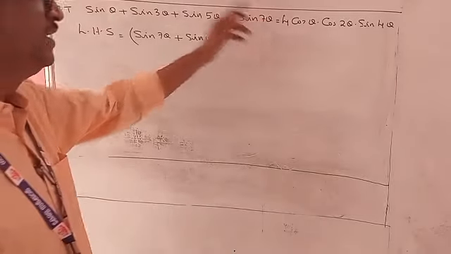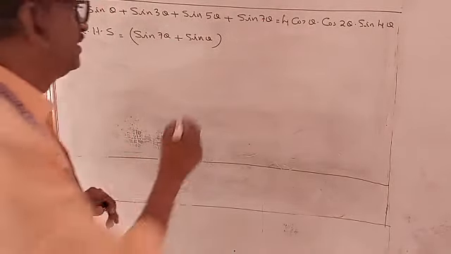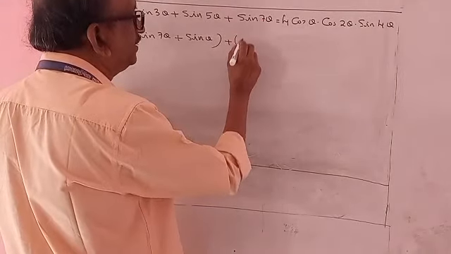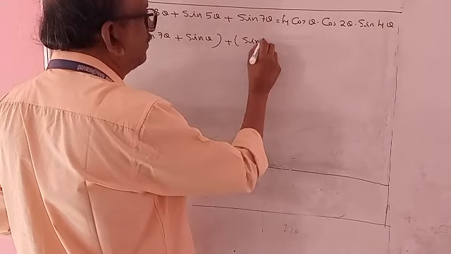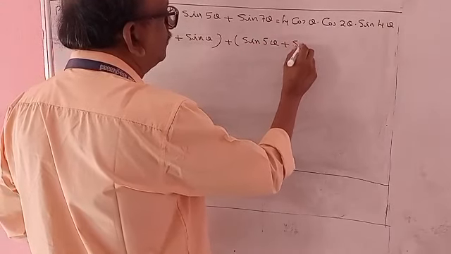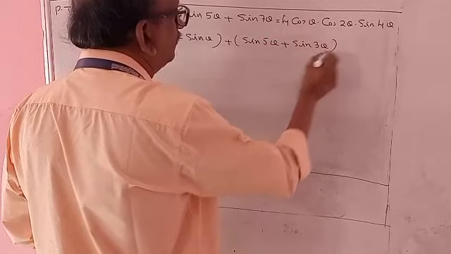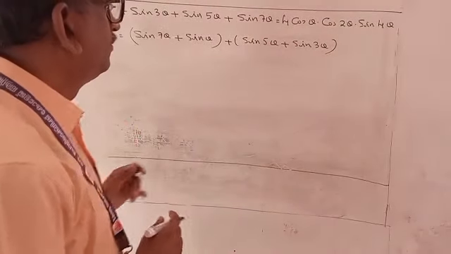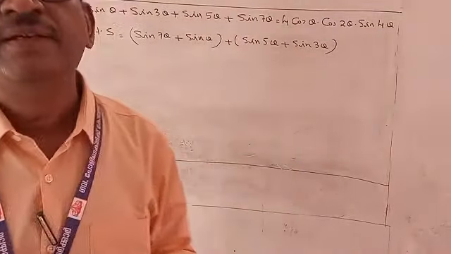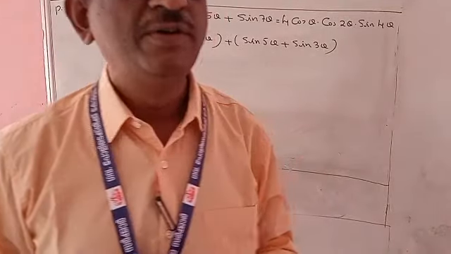Take sine 7 theta and sine theta in one bracket, and sine 5 theta and sine 3 theta in another bracket. We group it for applying the product rule.